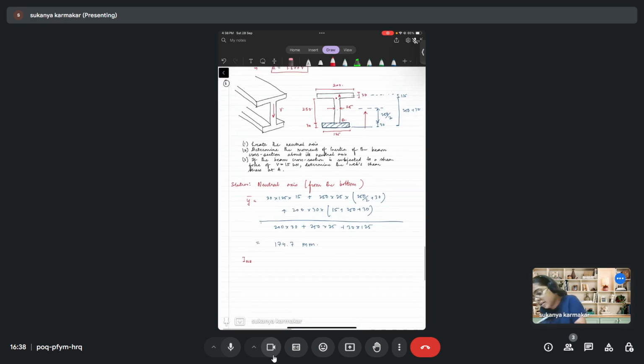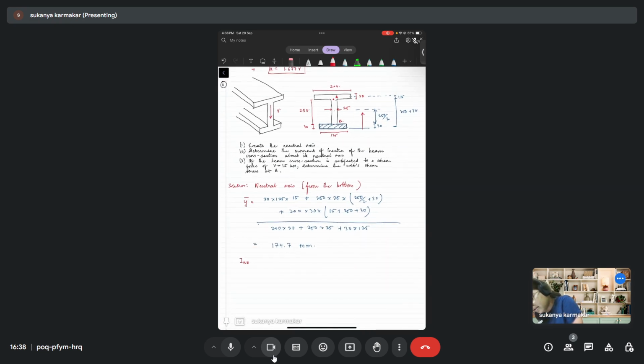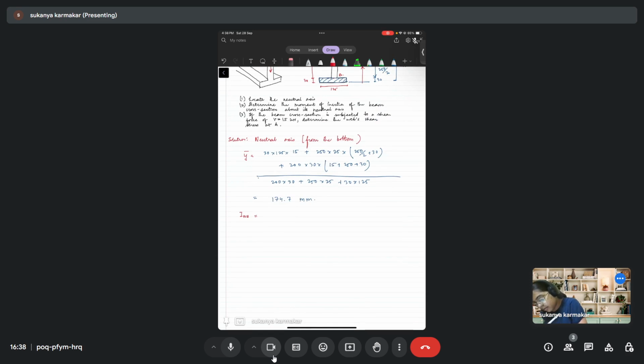So we can say the neutral axis is passing somewhere. I'll draw it again here.